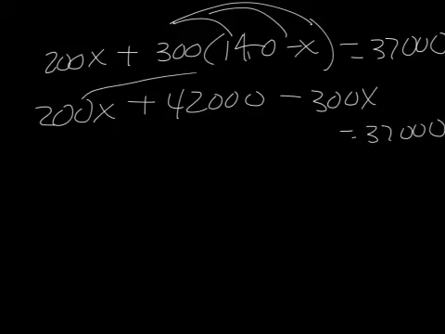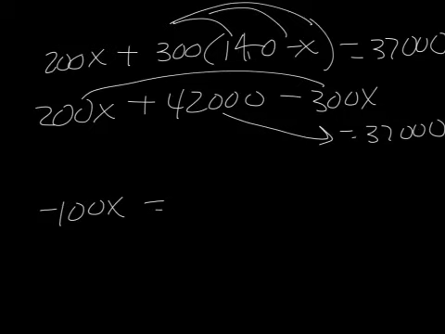I've got 200 minus 300 is minus 100. And if I bring the 42,000 across the equal sign, I will have 37,000 minus 42,000. So I will have minus 5,000. And if I divide both sides by minus 100, I get x is 500.